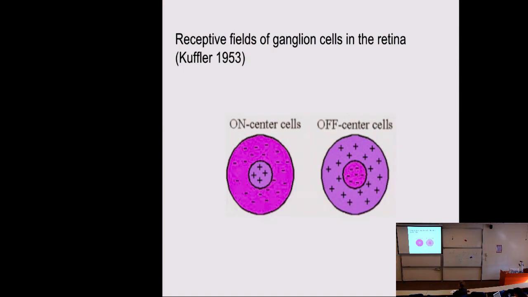When they measured the receptive fields of these ganglion cells, receptive field means you have an electrode pointing to the cell, and you show various things in the visual field and ask, when does this neuron go off? Which kind of stimuli actually excites this neuron? When you do that, they discovered in the 1950s there are on-center cells and off-center cells, which have this type of shape.